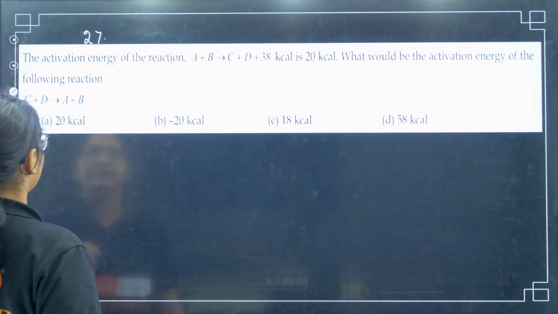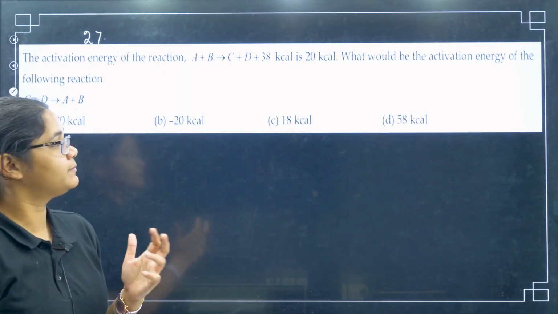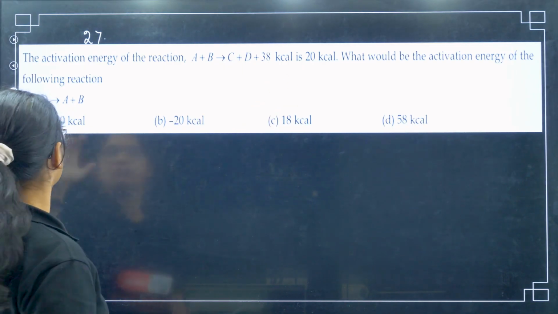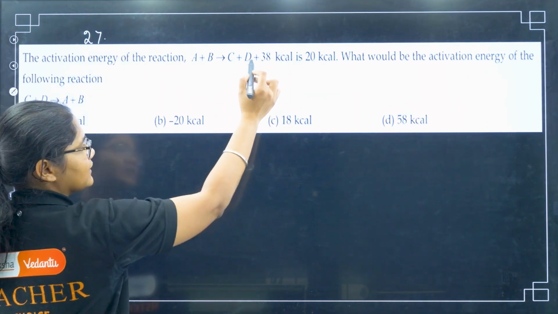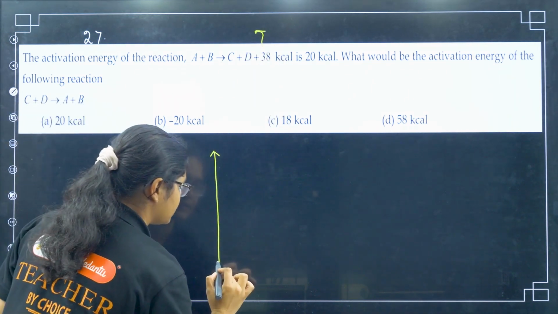Okay, next, the activation energy of the reaction A plus B gives you C plus D plus 38 kilocalorie is 20 kilocalorie. What would be the activation energy of the following reaction? You can see that 38 kilocalorie of energy is released in the reaction, right?